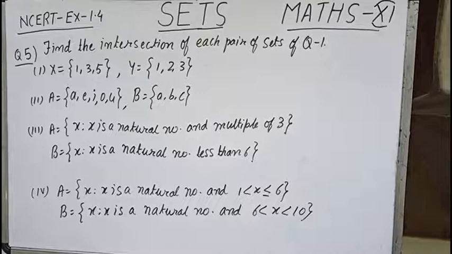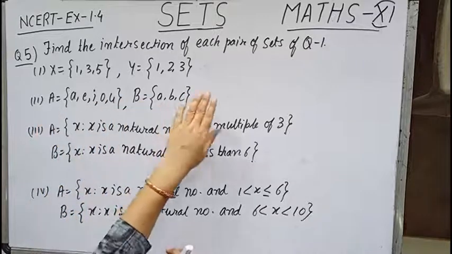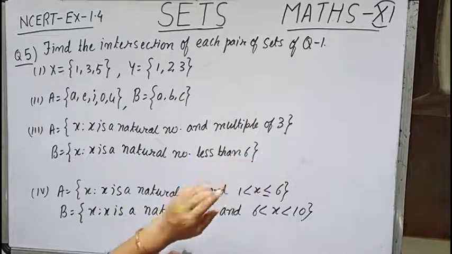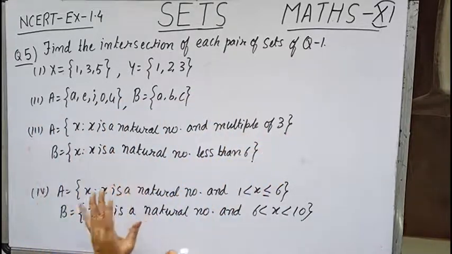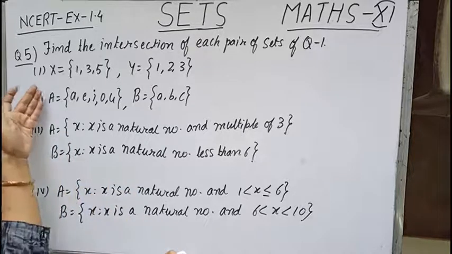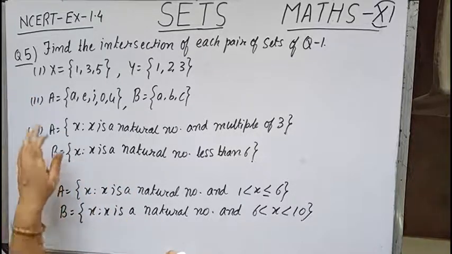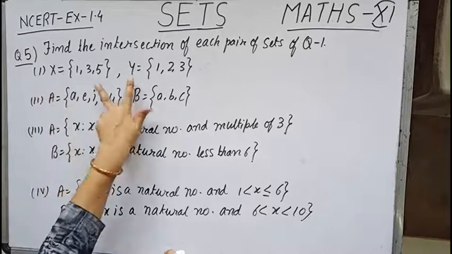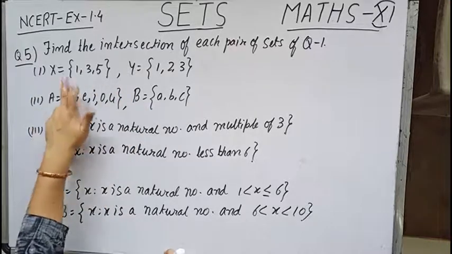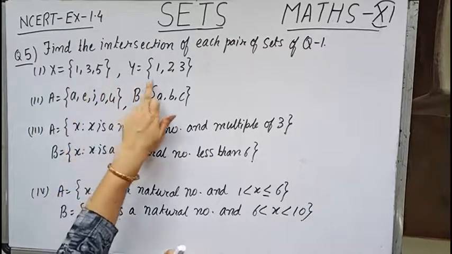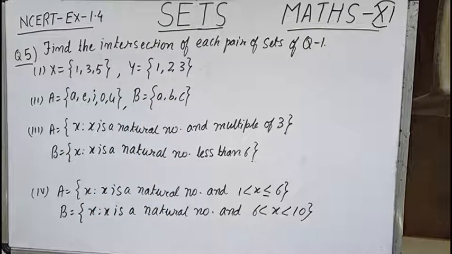Now let us move to question number 5 of exercise 1.4 NCERT. Question number 5 says: find the intersection of each pair of the sets of question number 1. I have written the sets given in question number 1, subparts 1, 2, 3 and 4. Subpart number 1. The pair of sets given is X and Y, where X equals the set containing 1, 3, 5 and Y is equal to the set containing 1, 2, 3.